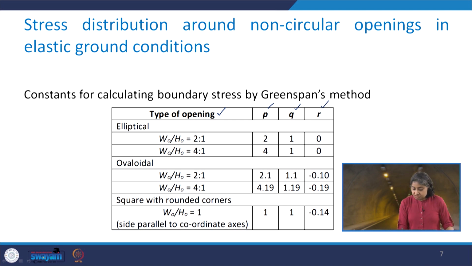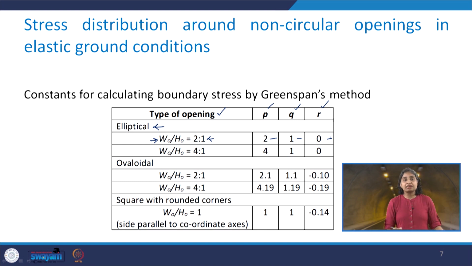The first one deals with the elliptical shape of the opening. In case of the ellipse, you have the major axis and the minor axis. If the width to height ratio of this ellipse is 2:1, in that case P takes the value 2, Q is 1 and R becomes equal to 0.